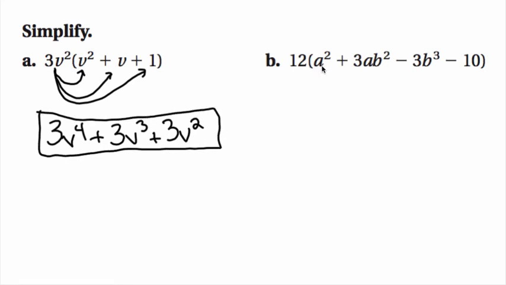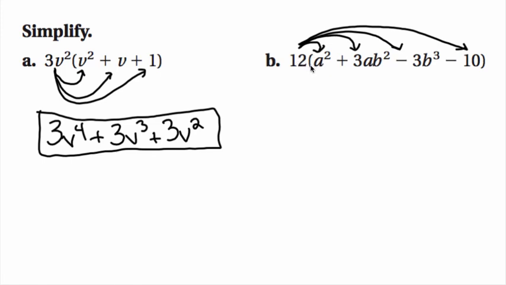Here, excuse me, I'm going to distribute the 12 to this, to this, to this, and to that over there. Now here I don't have any letters or variables on the outside of my parentheses, so these exponents inside aren't going to change at all. I'm just going to be multiplying my coefficients.